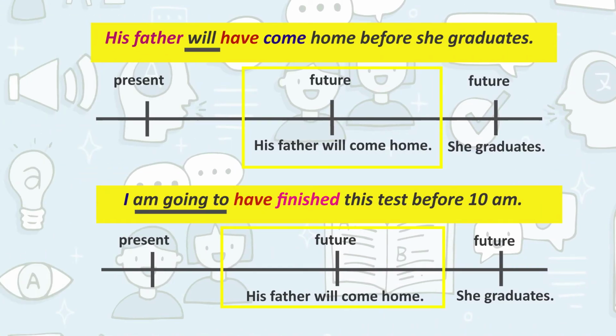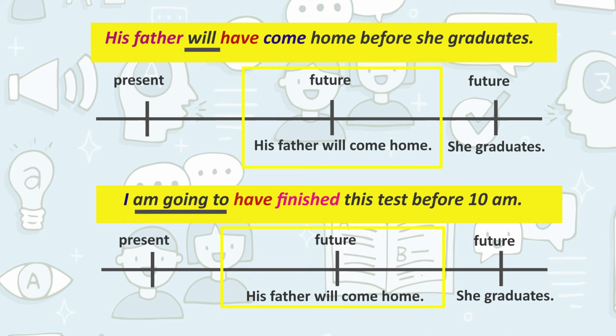As we already said at the beginning, the future perfect is formed with will plus have plus past participle. But be going to plus have plus past participle has the same function, and these two forms are interchangeable. For example, his father will come home before she graduates. As we already explained as well, we use in the time clause the simple present.